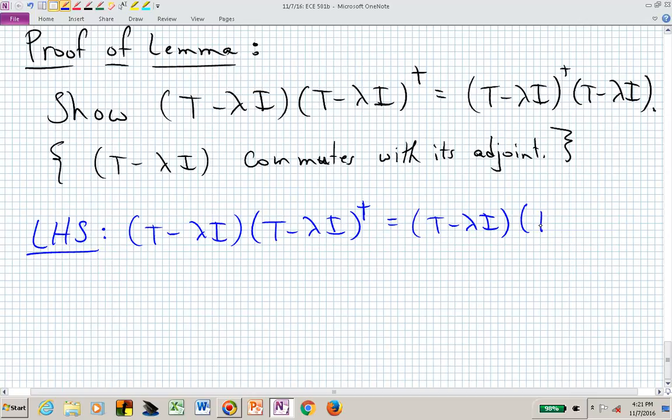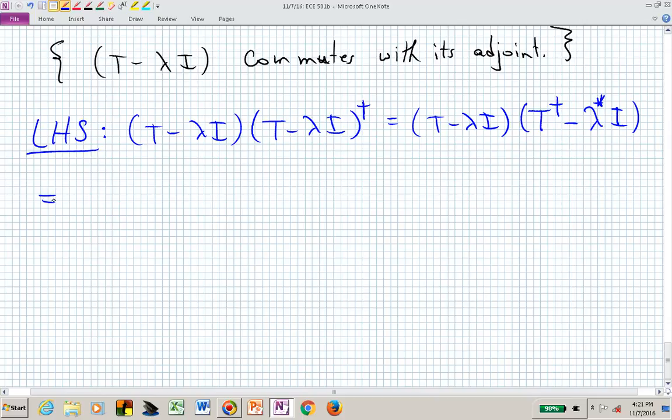The adjoint of T is just going to be T adjoint, but what's the adjoint of lambda I? It's the conjugate of lambda times the identity operator. So we now have lambda star I.